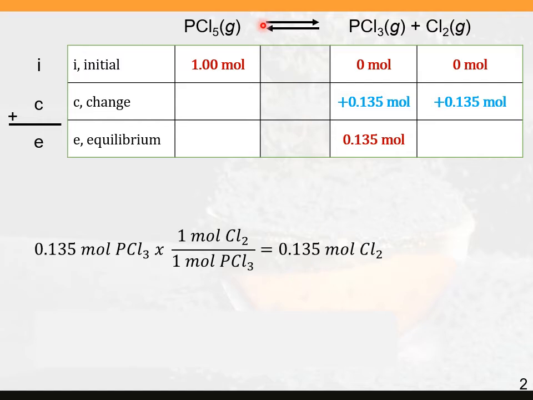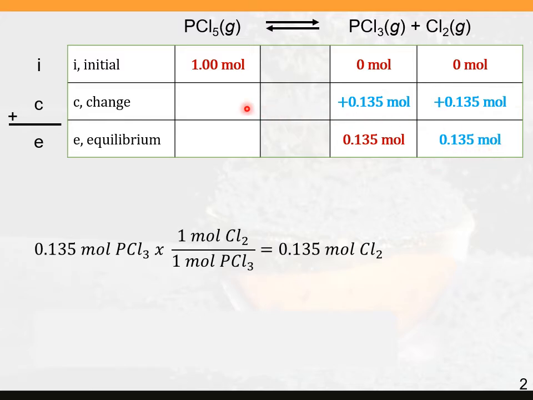Because the reaction is proceeding to the right to make more of the products, chlorine change is also a positive change. It must increase. You cannot decrease from 0. You cannot have a negative quantity. Therefore, the equilibrium quantity of chlorine will be 0 plus 0.135 moles to be 0.135 moles.